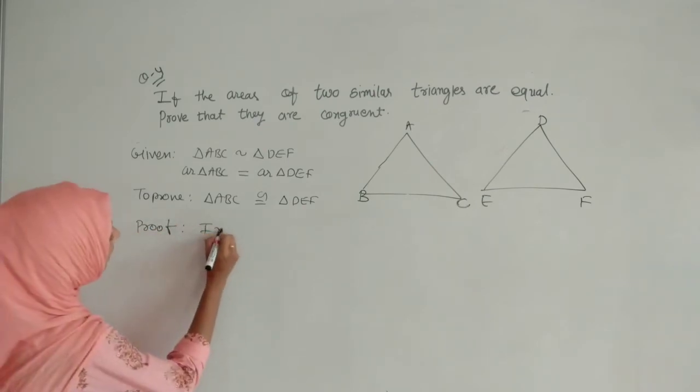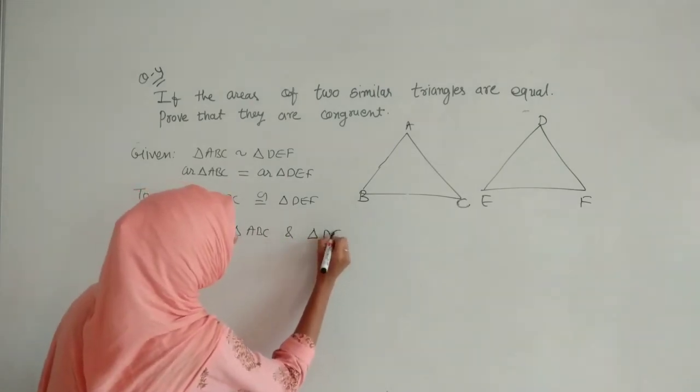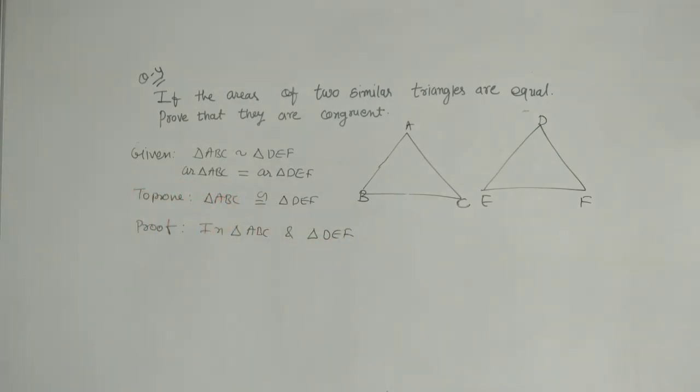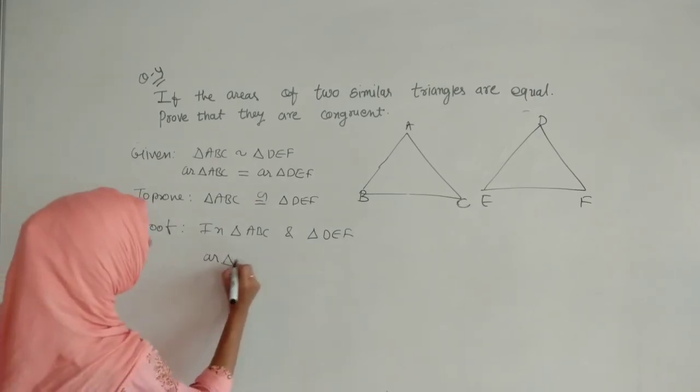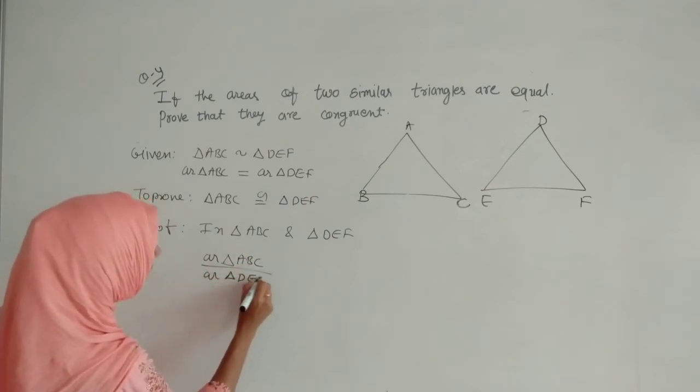So here I will write, in triangle ABC and triangle DEF, what can we write? Let us take area, because here theorem 6.6 is going on and the whole exercise 6.4 is based on it. So area of triangle ABC by area of triangle DEF.